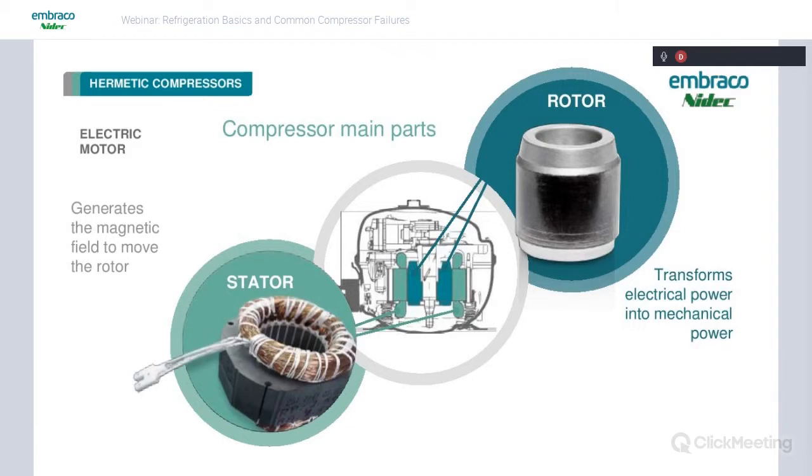You can see how the stator is orientated in this motor with a rotor inside of that, and there's an air gap in between that rotor and stator. We must maintain that air gap. That's one of the reasons ground shipping is very bad for a compressor. It's very easy to damage that air gap if you drop a compressor like this.